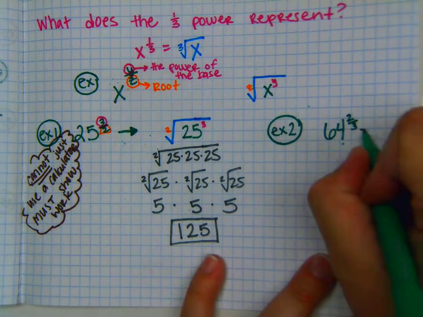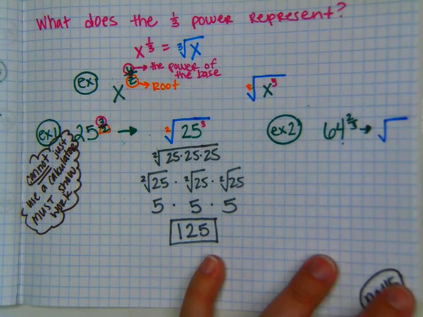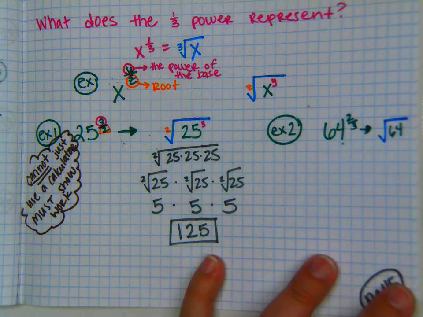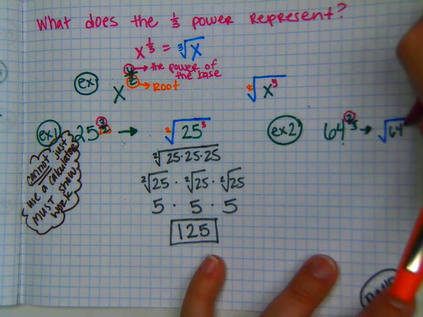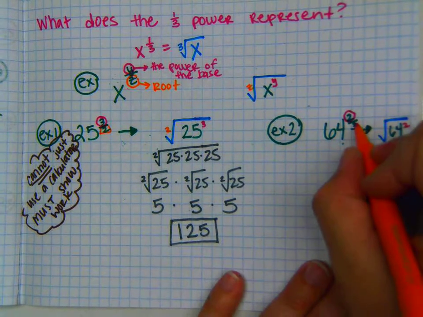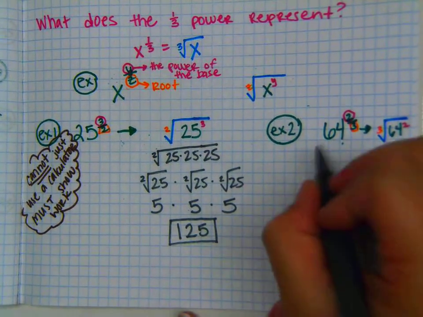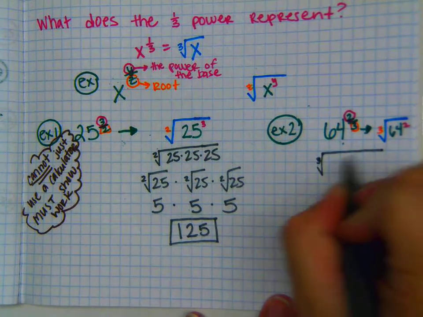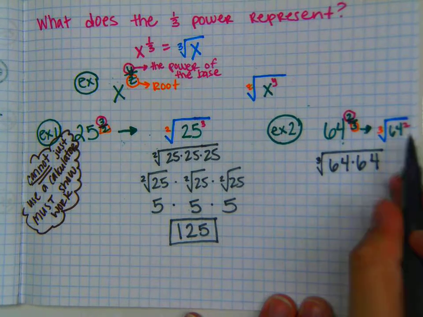So when I set this up, we're going to get our root. Our base is 64. And then our top number goes inside. Our bottom number is that root right here. Now I'm going to break that up into the cube root of 64 times 64, because I have it twice.